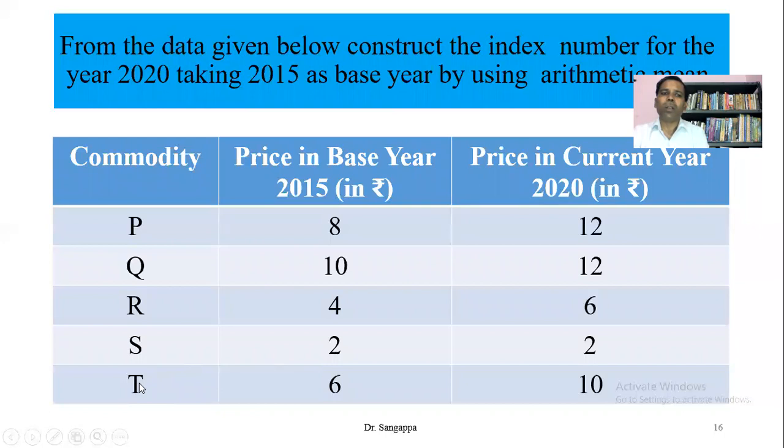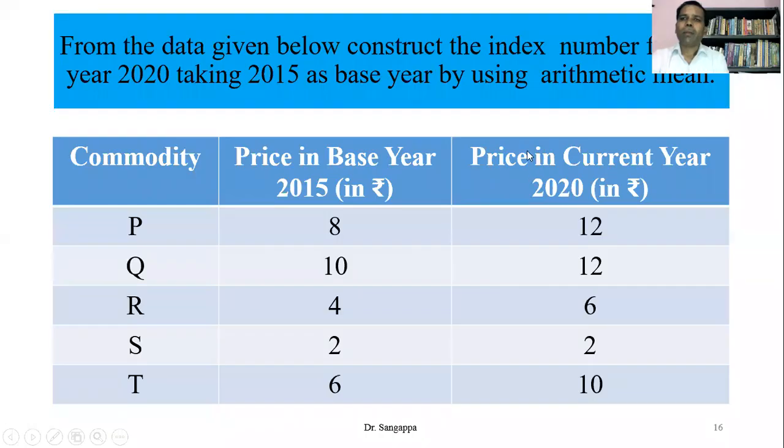The last column shows the prices in the current year: commodity P 12 rupees, Q commodity 12 rupees, R commodity 6, S commodity 2 rupees, and T commodity 10 rupees.